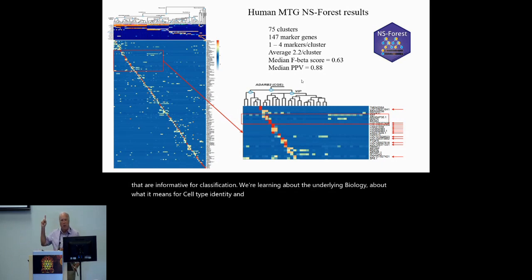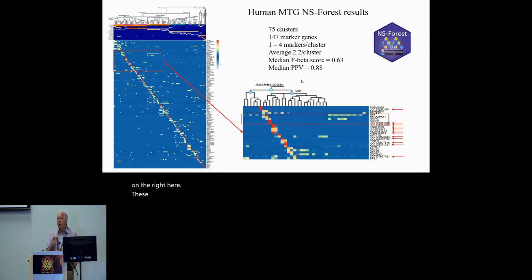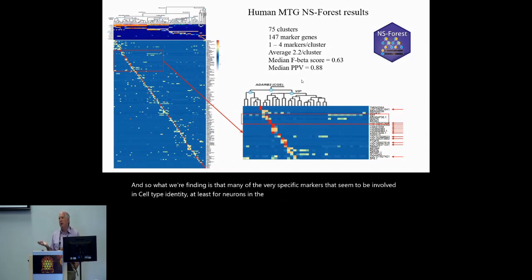If you look at the arrows that I've highlighted on the right here, these are all long non-coding RNAs. What we're finding is that many of the very specific markers that seem to be involved in cell type identity, at least for neurons in the brain, are long non-coding RNAs. It was a big surprise when we made this finding.